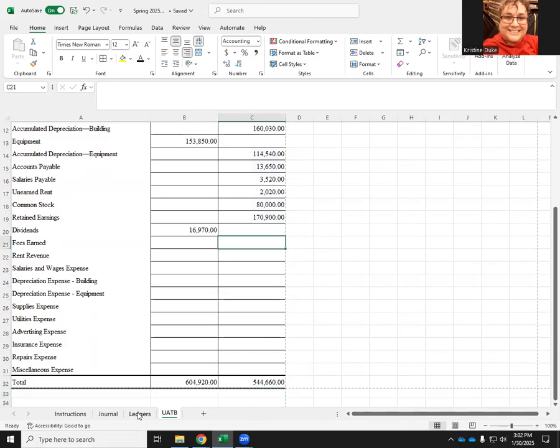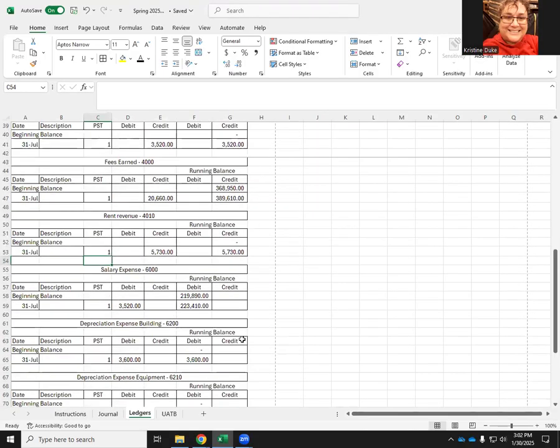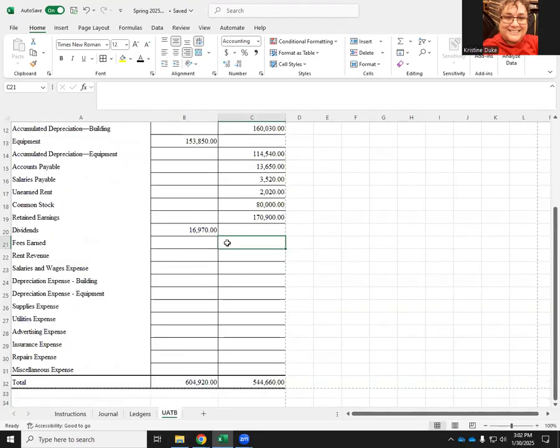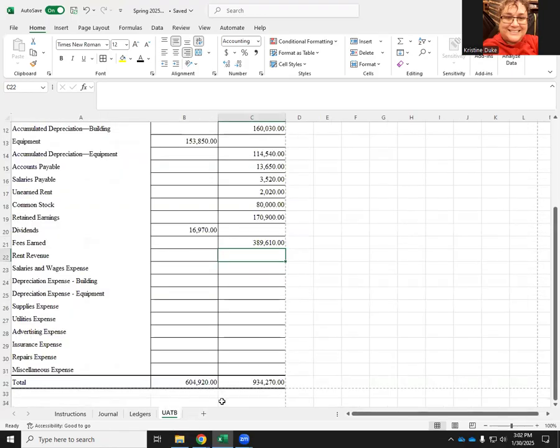Fees earned. Let's go check that ledger. 389,610. I know I have some rent revenue in there. 5,730. Okay, the rest of these are all on the debit side. That's the normal balance.